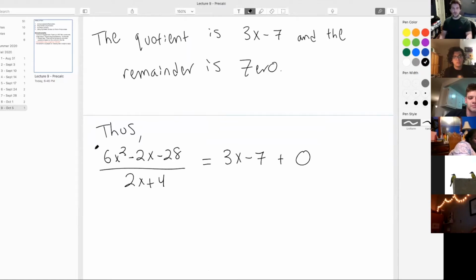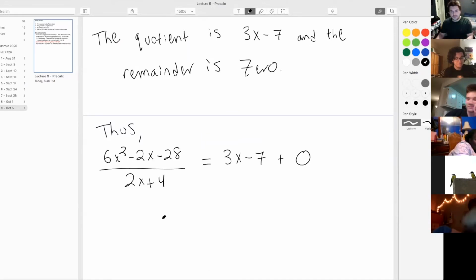The only way you can split up a fraction is to do 6x squared over the whole entire denominator, minus 2x over the whole entire denominator. You can't just pick terms of the denominator to split it up like that. Fair enough. Thank you. I wish you could, but unfortunately, no.